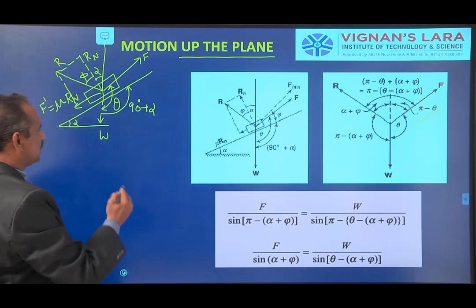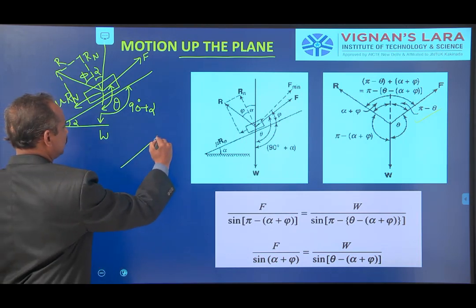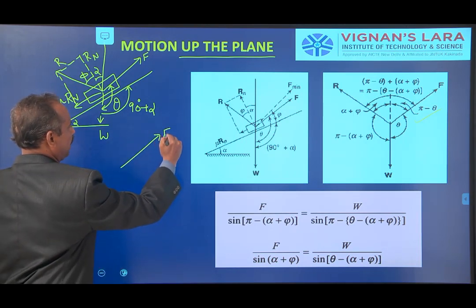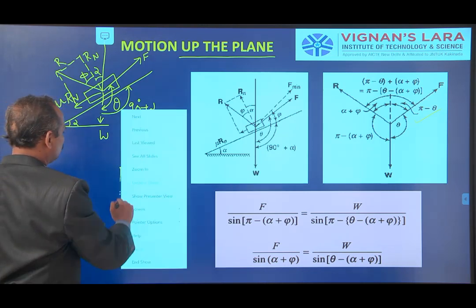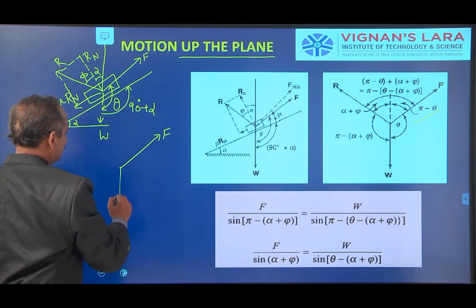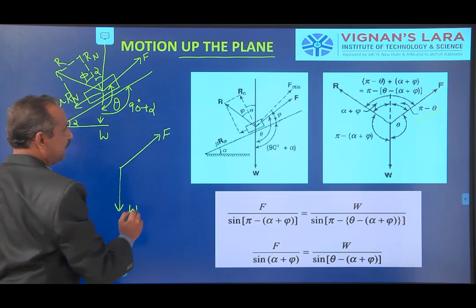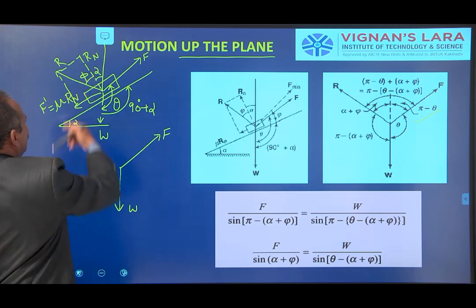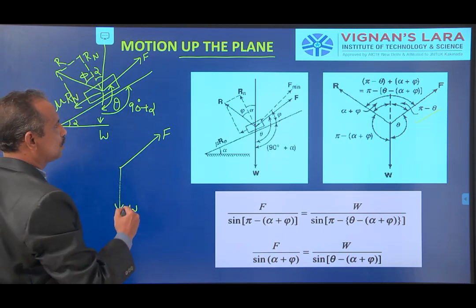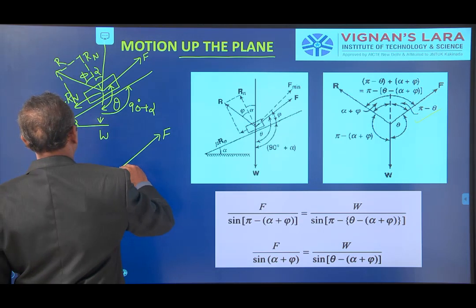What are the three forces? One is the applied force, the other one is the self weight vertically downwards, and the third one is the resultant of normal force and frictional force, which is R.